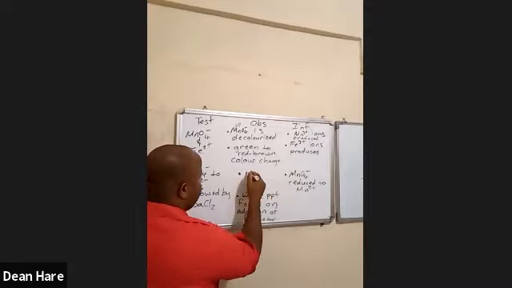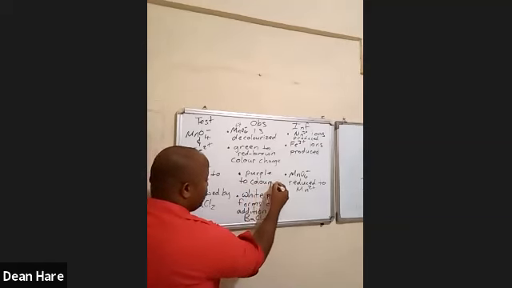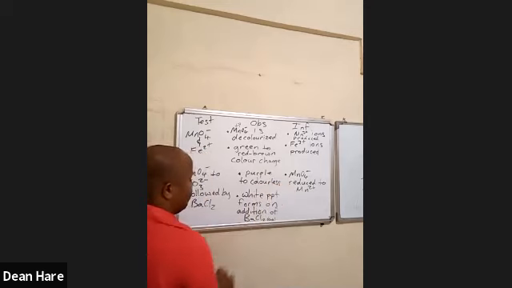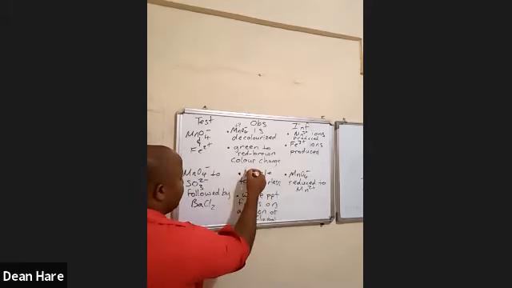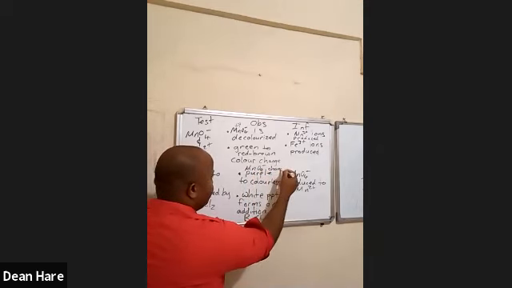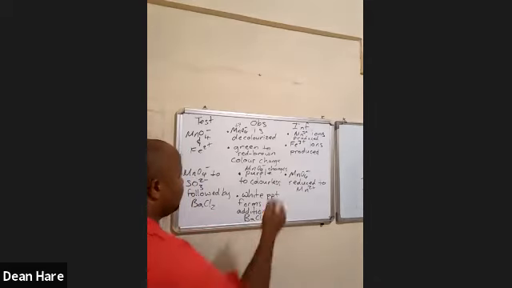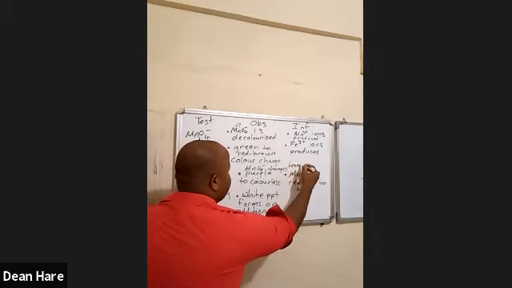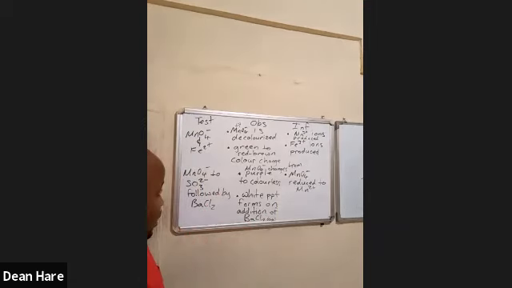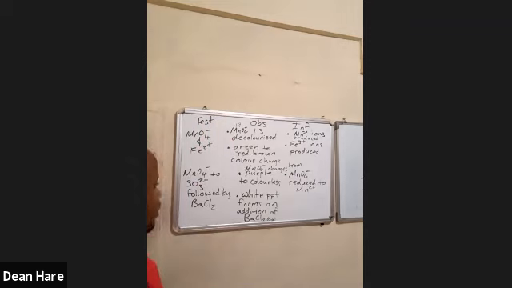Sulfide has no color, so it would still just become decolorized. So I can put purple to colorless. So MnO4 minus changes from purple to colorless. I can simply say it is decolorized.